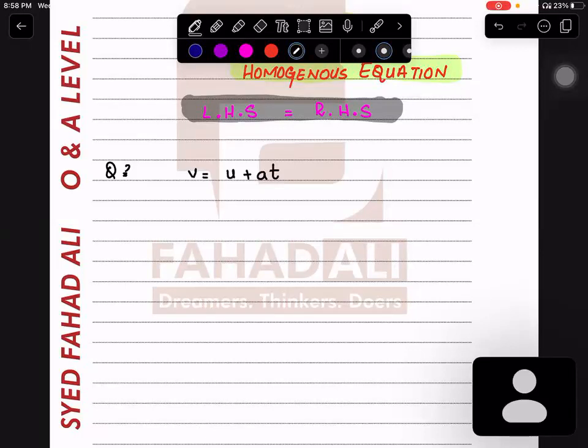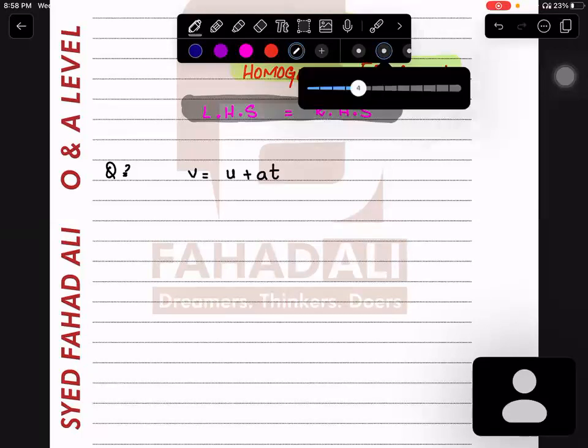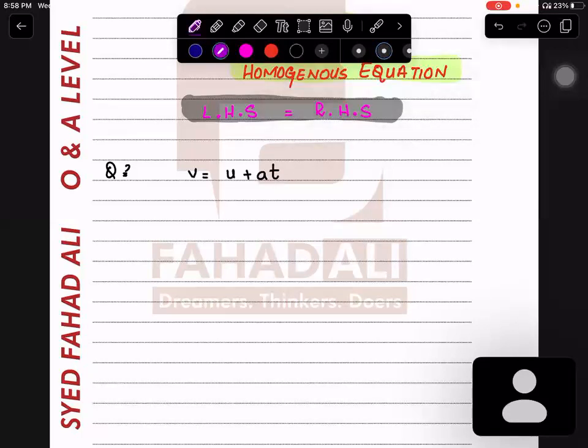Now when we start putting in quantities, speed is meter per second. Obviously, this is initial, this is final. Acceleration is meter per second square into time is second. Clear? Yes sir.